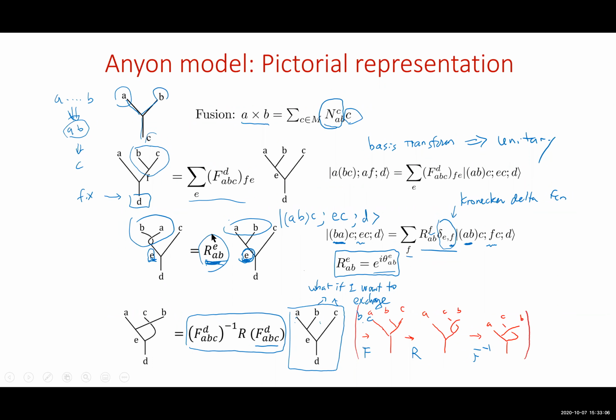So topologically, these two diagrams are the same, right? You just move the line to be straight. Yeah, but it defines sort of different bases, right? On the left, B is in the first location and A is in the second location, as opposed to this one, where A is in the first location, B in the second, and C in the third location.